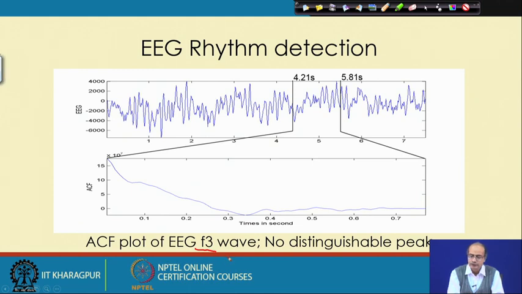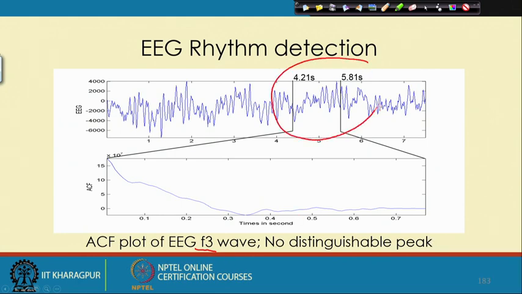For that F3 wave, earlier we computed the ACF to know whether the signal within the region 4.21 second to 5.81 second is getting repeated throughout the signal of F3, and we found that there is just a valley, there is no peak. So, we concluded that there is no distinguishable peak and there is no repetition of that same kind of signal.